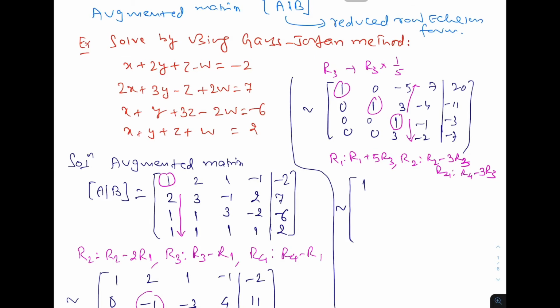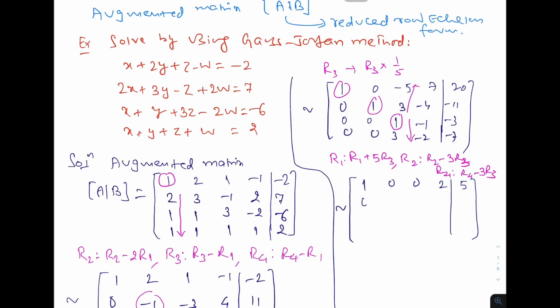So that is 1 0 0. Now multiply 5 here, so this is minus 5 plus 7, so that is 2. Multiply 5 here, so minus 15 plus 20, so that is 5. The next step is multiply with minus 3 here and add in the second.